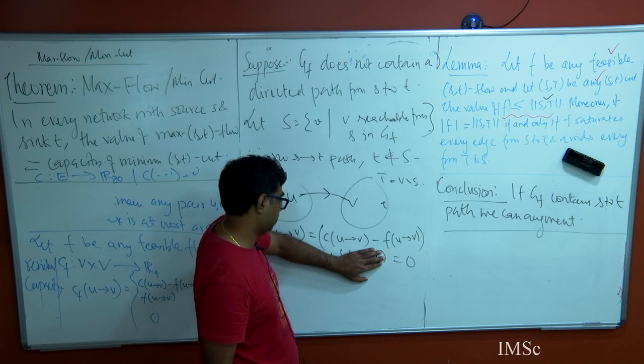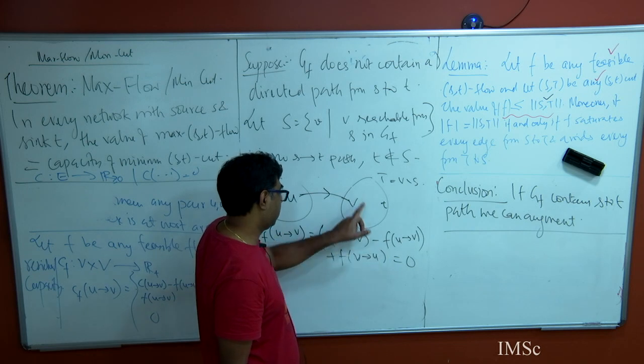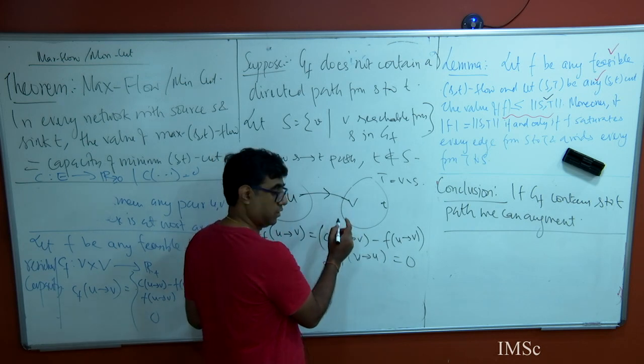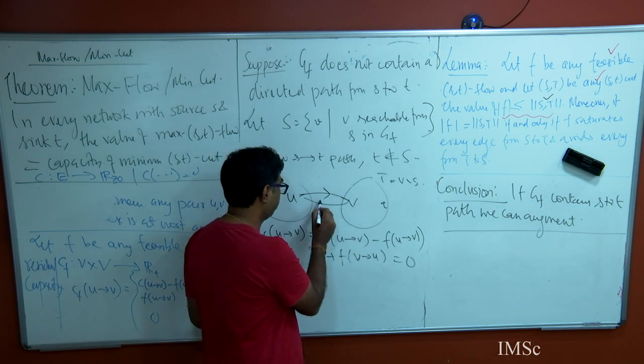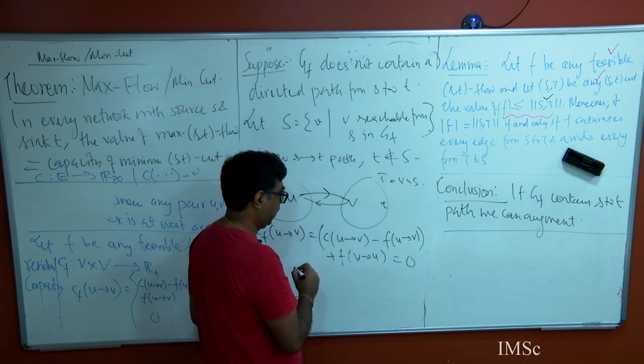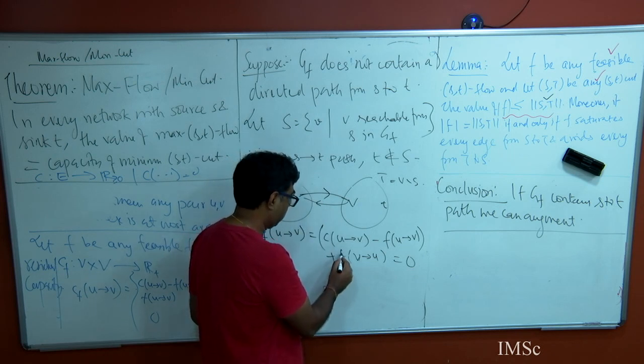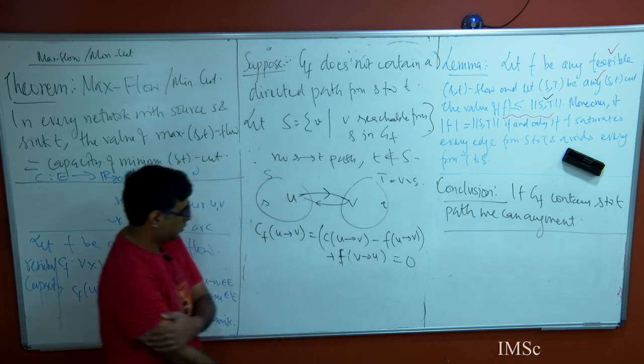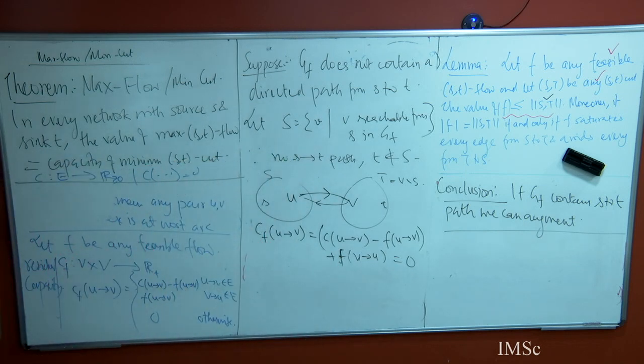But I also have in the residual graph an arc from V to U, an edge in the actual graph. We use the edge in the actual graph. The residual graph will have this f(V to U) value as a residual value. True.